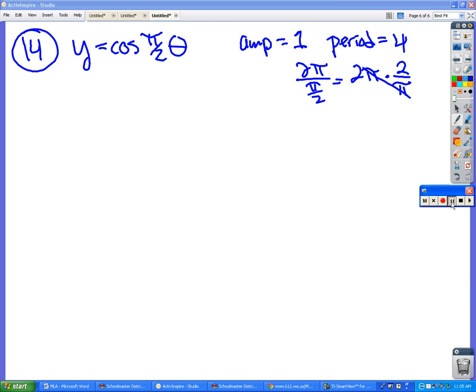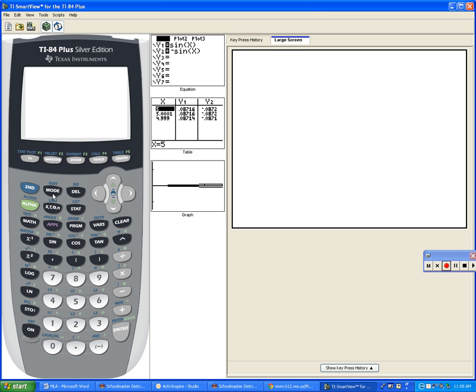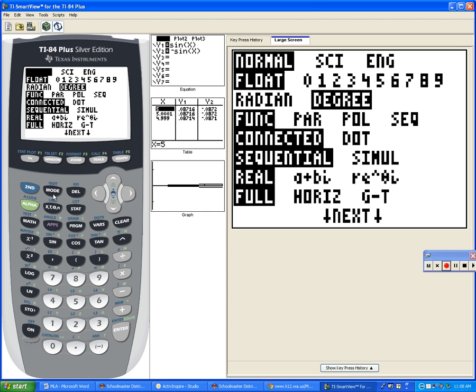Okay, the next 6 questions ask you to solve each equation, and we're going to do this on your graphing calculators, so bust those out for me. You need to make sure your graphing calculator is in radian mode.